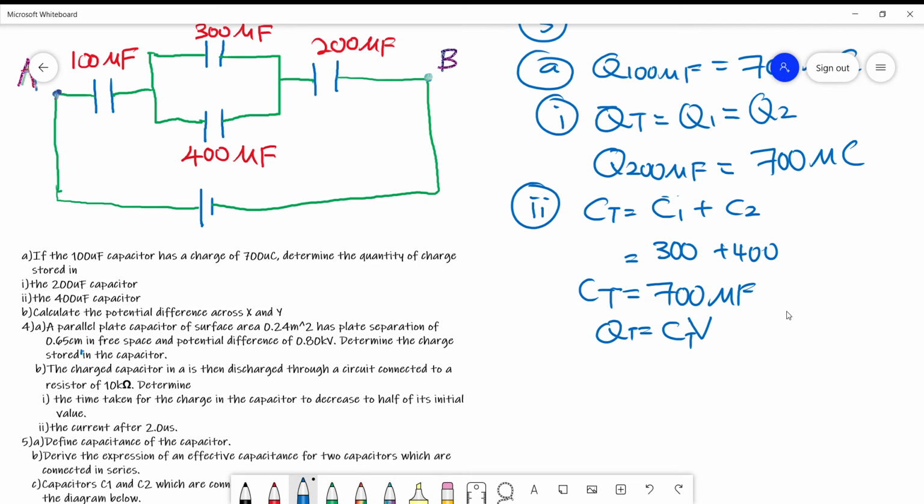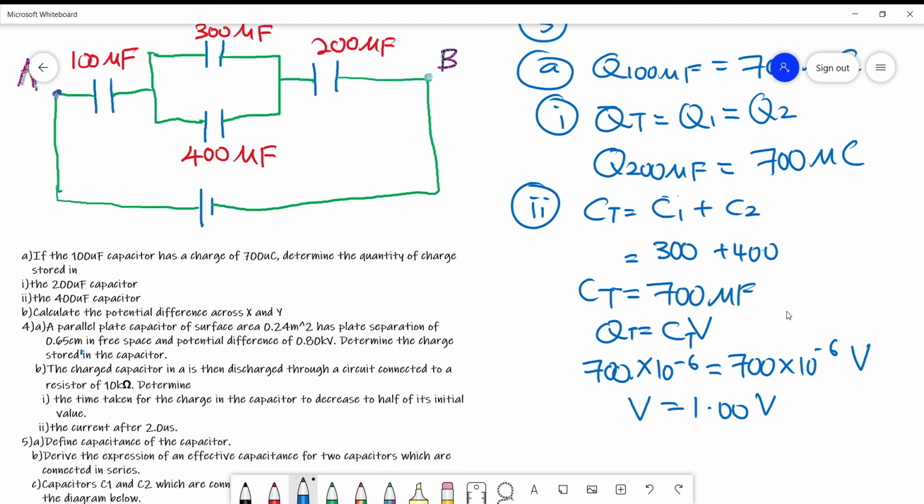So my Q is 700 times 10 to the power negative 6 coulomb, equals the total capacitance 700 microfarad times V. So my V is 1.00 volts.